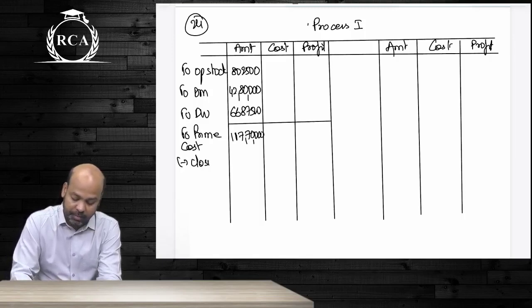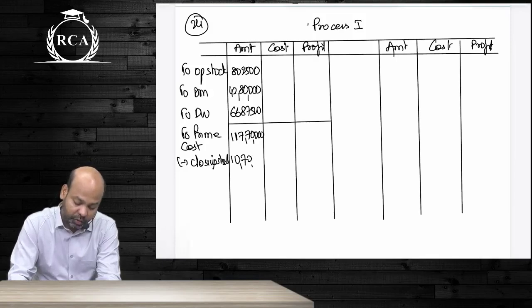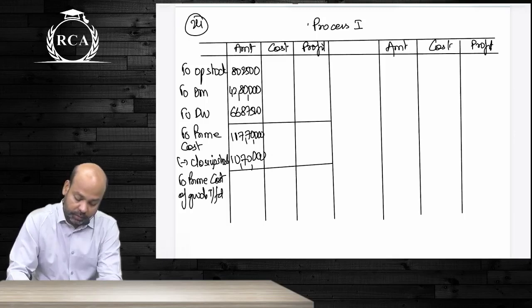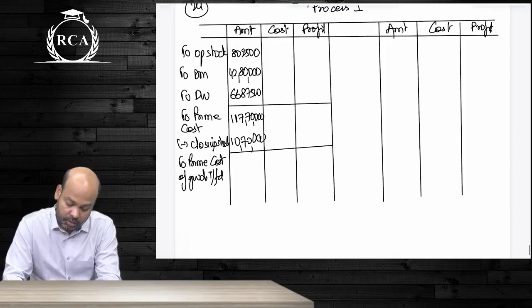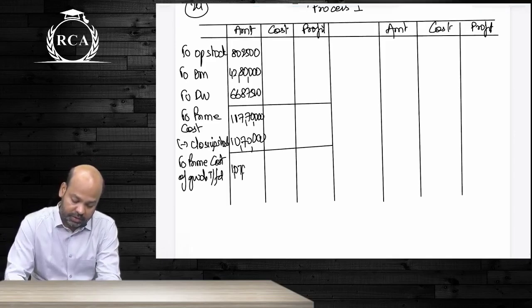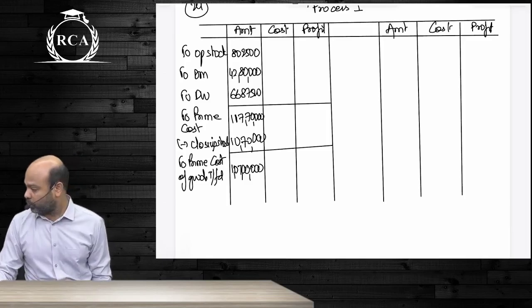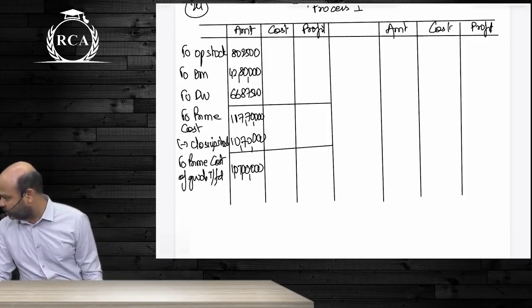Closing stock we will deduct here, beta. Closing stock is 10,70,000. If you deduct closing stock, guys, what will you get? This is the prime cost of goods transferred. Yes or no? And that, guys, will be 1 crore 7 lakhs. The total amount, beta, is 1 crore 7 lakh rupees.